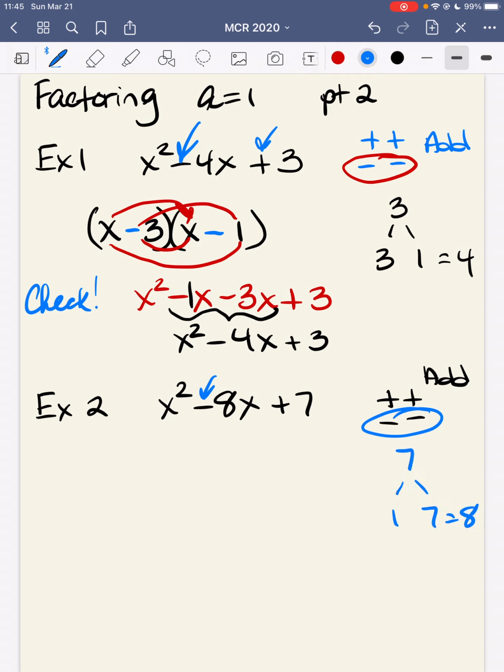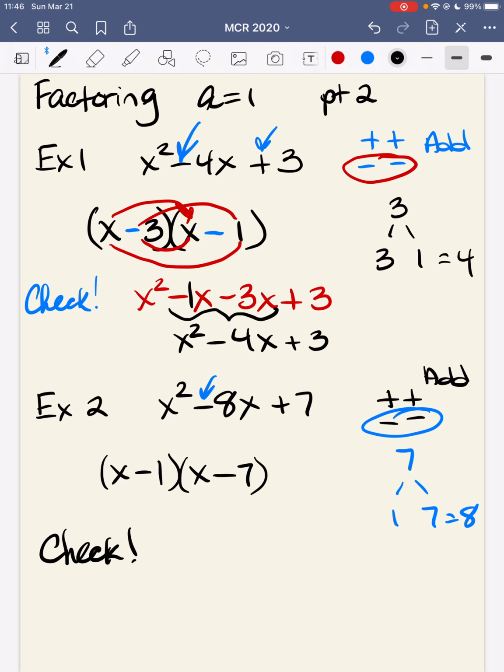Thank goodness they add up to 8. I'm going to go ahead and set up my 2 binomials. I have x's in the front. I have a 7 and a 1. And I have 2 minuses. And of course, you should always check on your own to make sure that you didn't make a mistake.